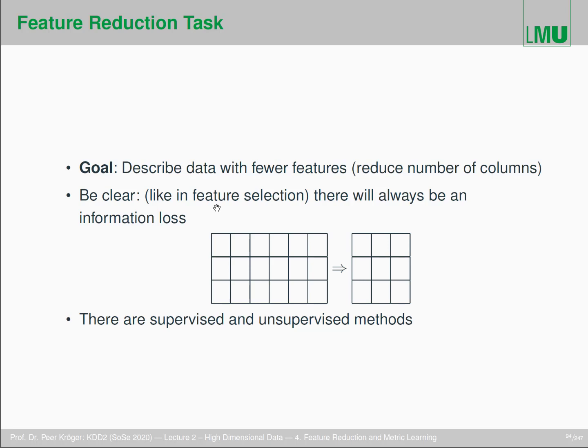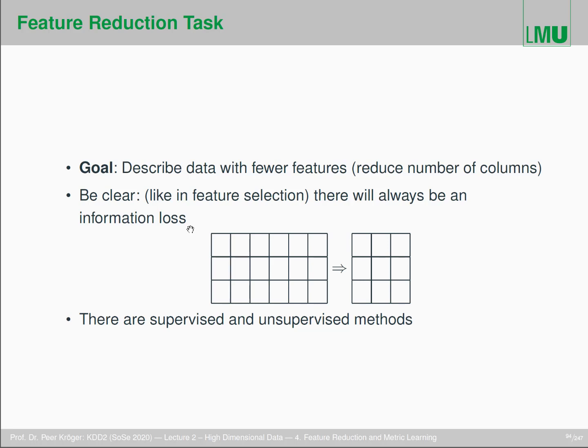Also in the previous section on feature selection, we had some information loss, and in this section, the feature reduction methods will try to minimize this information loss, whatever that means, depending on how you model information loss. Information loss on this slide is some kind of abstract thing.